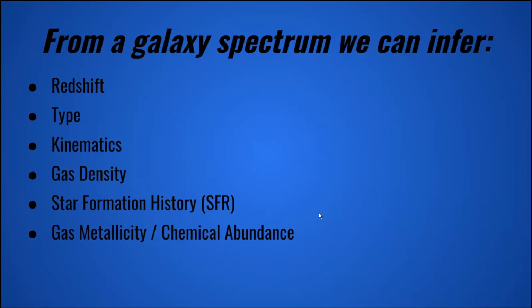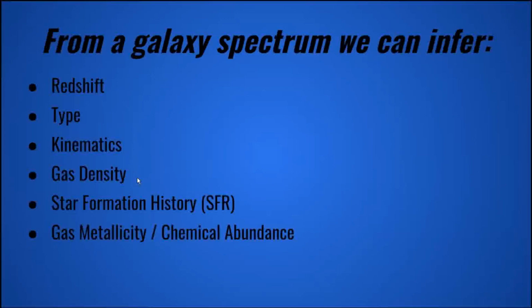But these are all the things we can infer from a spectrum. So the redshift, which is the distance, the type, as in it's an old galaxy, a young galaxy. We can see if it's an AGN. We can see if it's star forming. The kinematics. So, for example, if we're observing a spiral galaxy, we can determine what's the direction of rotation.